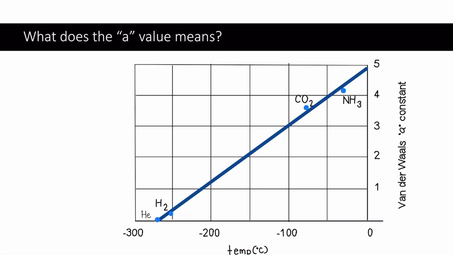What does the A value mean though? Let's take ammonia for instance. It has a high value of A, which means the intermolecular force between the particles will be strong, and in helium the intermolecular force will be weak. Gases that have small A values, such as helium and hydrogen, need to be cooled down to almost absolute zero before they become liquid, as seen in the diagram here.